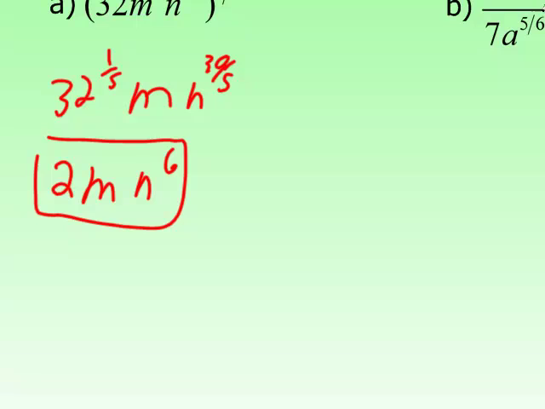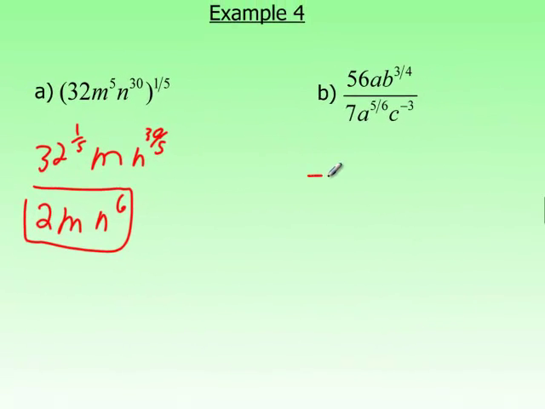Now this next one we're going to go ahead and simplify. I'll start off with the coefficients here. 7 into 56 is going to give me 8. The denominator is a to the 5/6, and the numerator here, I'll rewrite as a to the 6/6 because it's a to the 1, and that's 5/6.